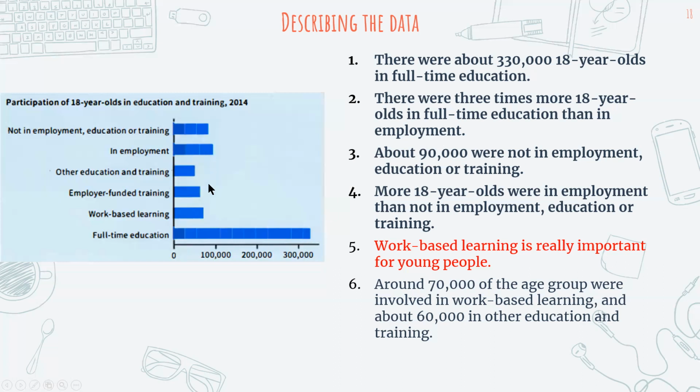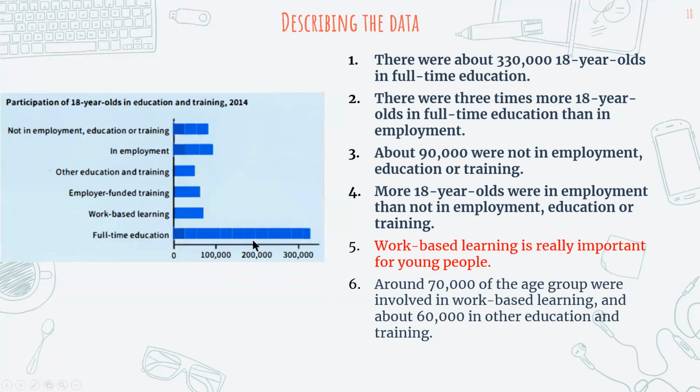In employment there was about 100,000, but in full-time education there was over 330,000. So this is a key feature.